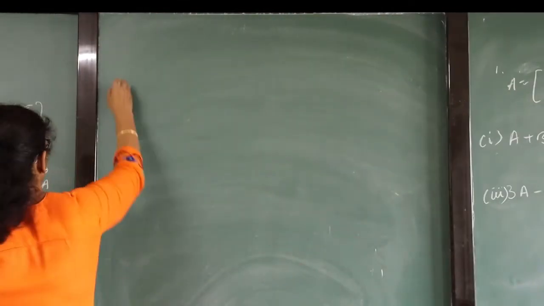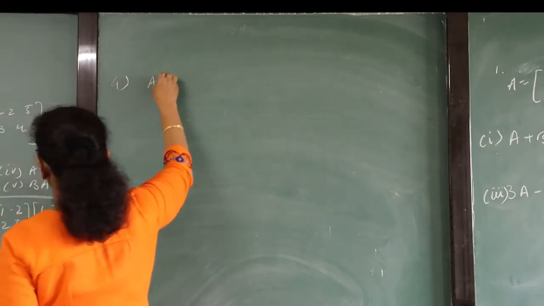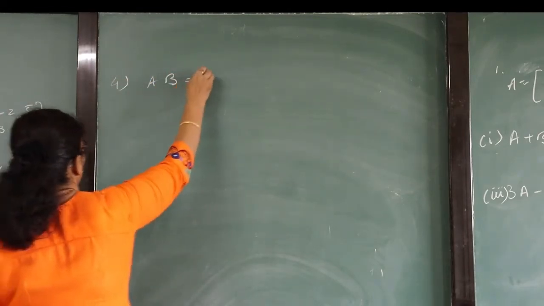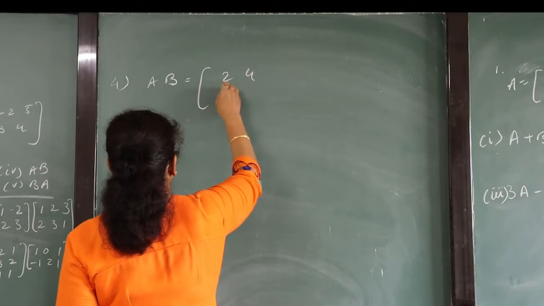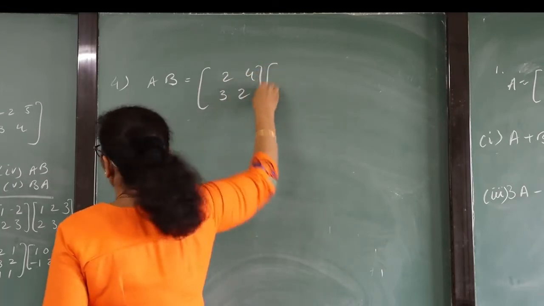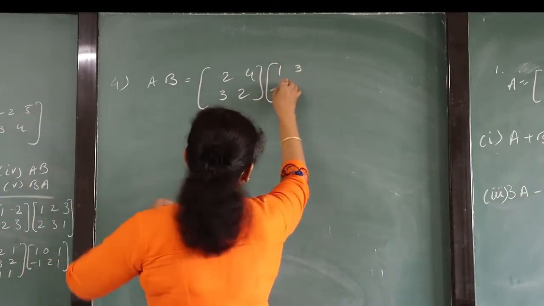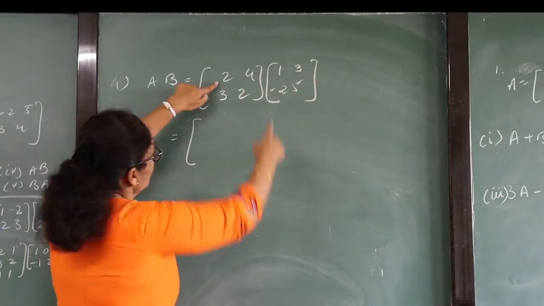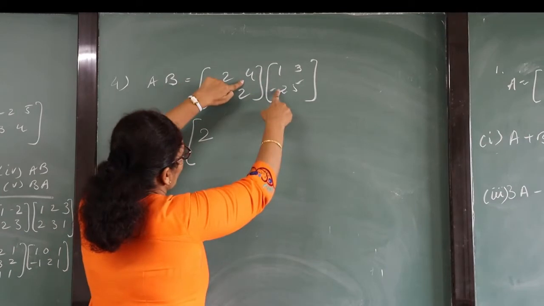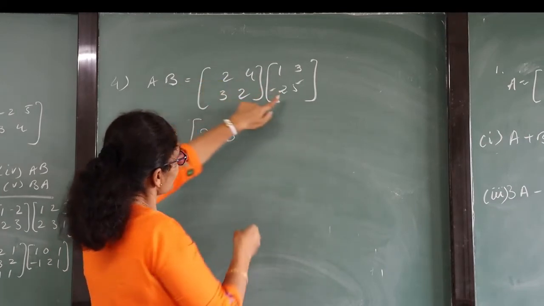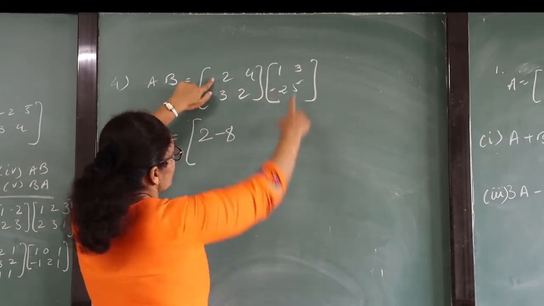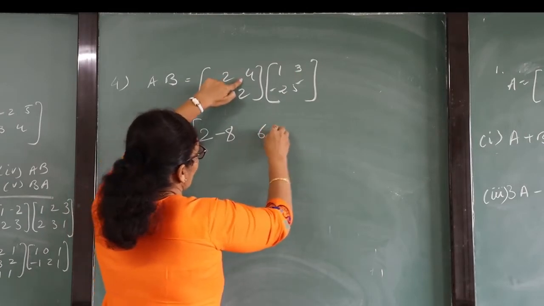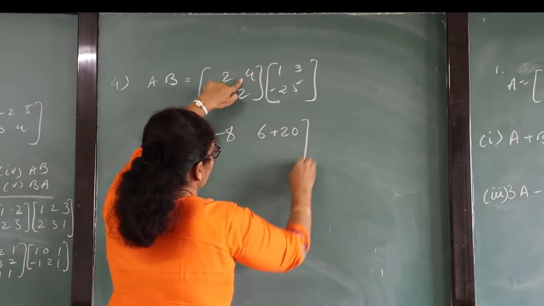Now after these three questions, next the fourth one. You have to find A into B. So let's multiply A with B. 2 4 3 2 and your B will be 1 3 minus 2 5. Let's start with multiplication. 2 1s are 2 and 4 2s are 8, minus sign here, so we have to write minus. 3 2s are 6 and 4 5s are 20.